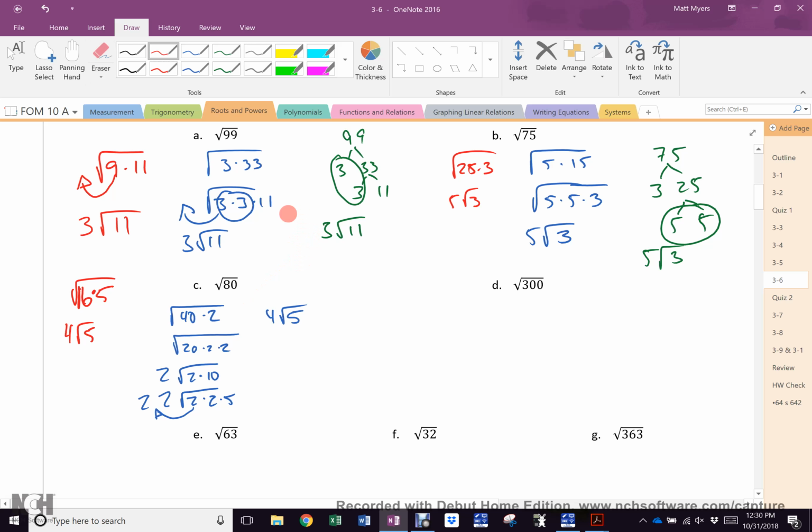Everybody cool? Now, let me ask you this. What if I was doing the green version and I said to myself, self, that ends in 0. So I could use 10. But what if you used 5? Then you would get 16 and 5, wouldn't you?